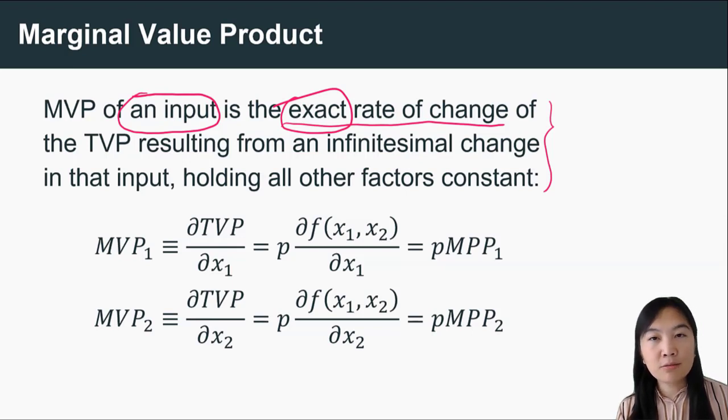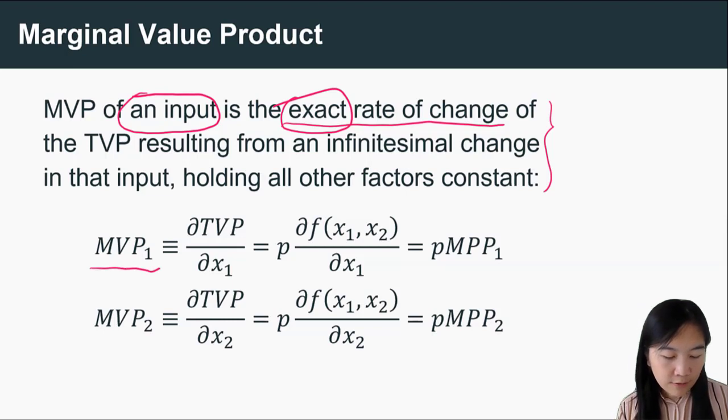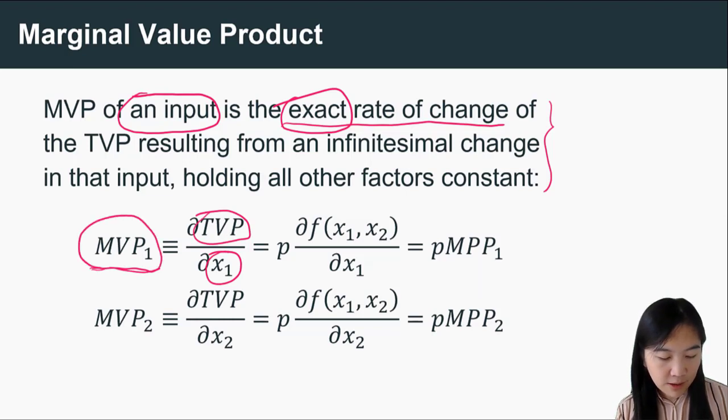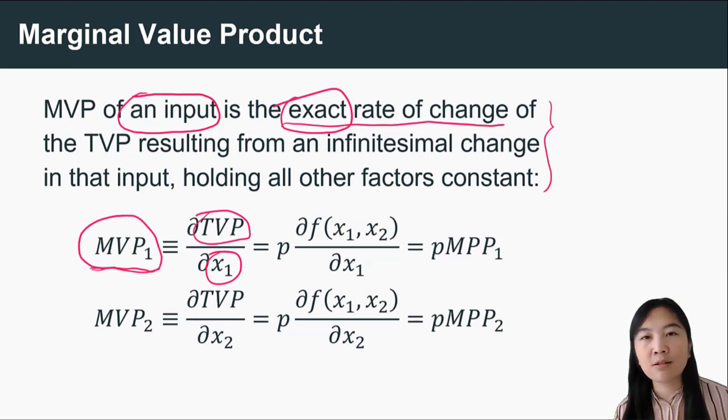So it is the rate of change of TVP resulting from an infinitely small change in that input. For example, here MVP1 is the change in TVP with respect to X1 while holding all other factors constant. So this MVP is the change in TVP due to a very small change in X1 while holding X2 constant.